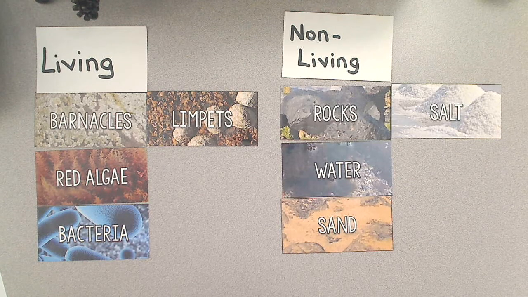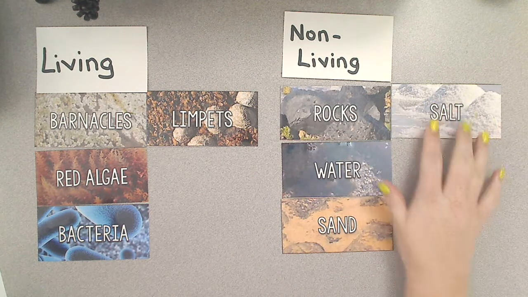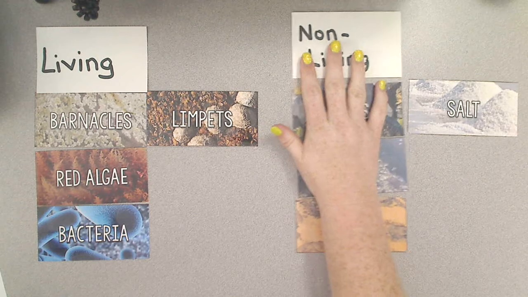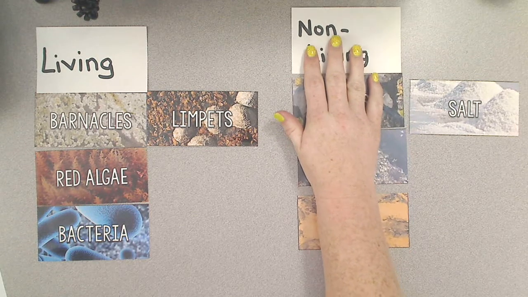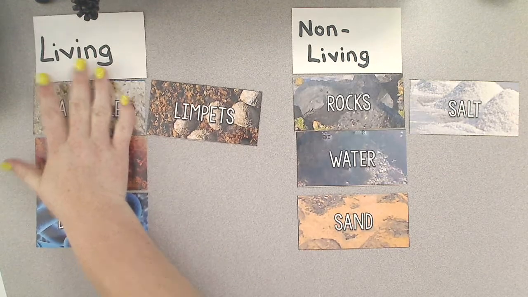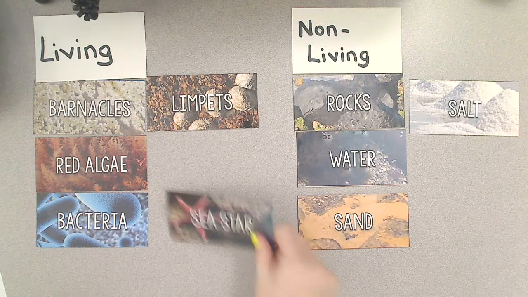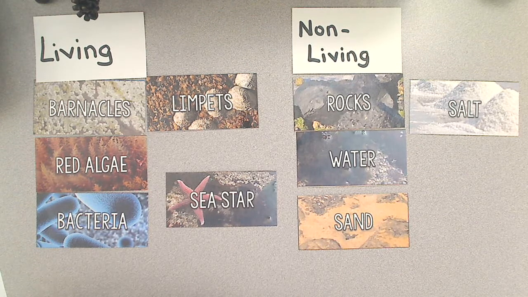Now this is a fun one. This is one of my kind of favorites of tide pools, I'm not gonna lie, just because I think they're cool. Sea stars. Now I want you to take a guess. Do you think a sea star is living or non-living? If you said living, you are correct.